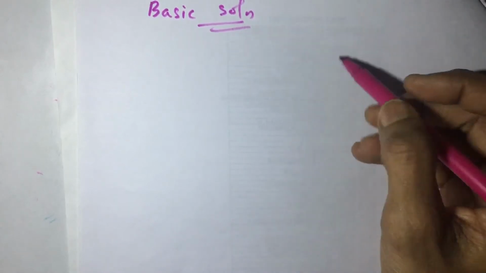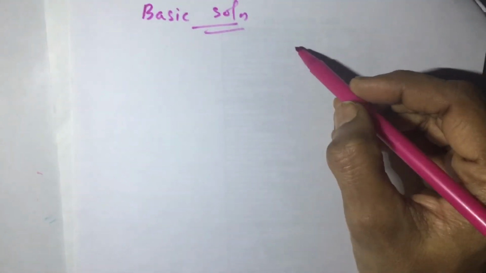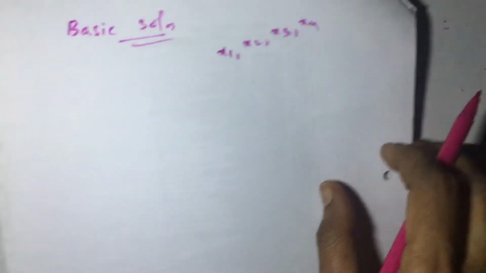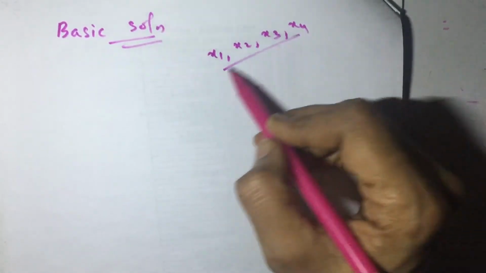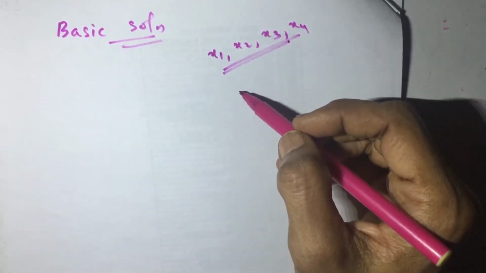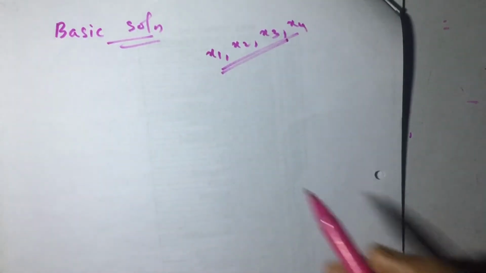Basic solution means a solution obtained by setting some variables to zero. In simple language, suppose you have 4 variables x1, x2, x3, x4 in the objective function, and you are given only 2 constraints, meaning 2 equations.